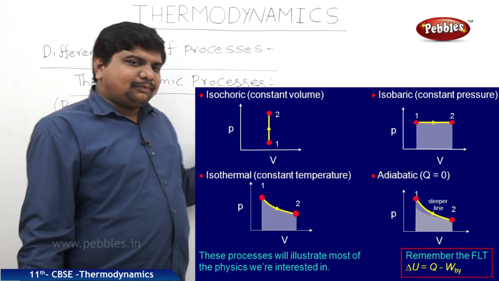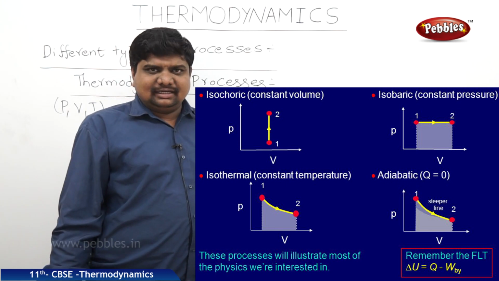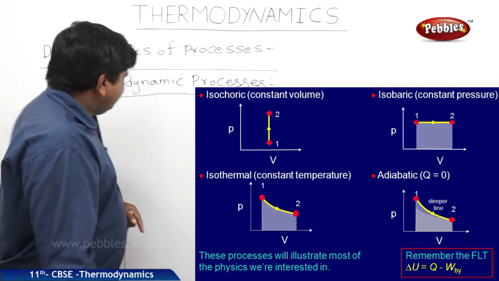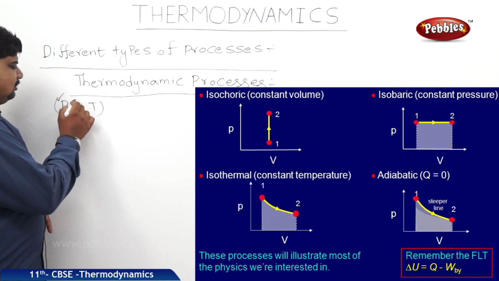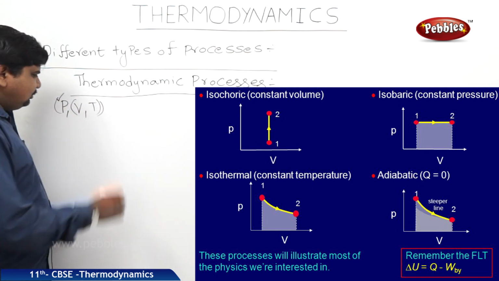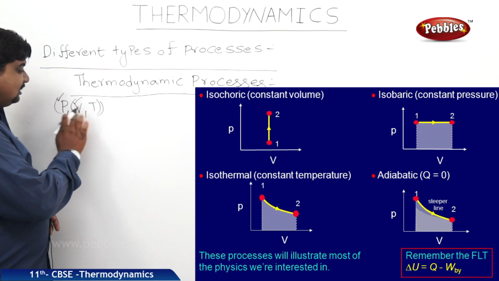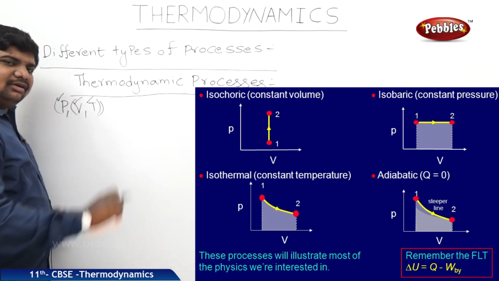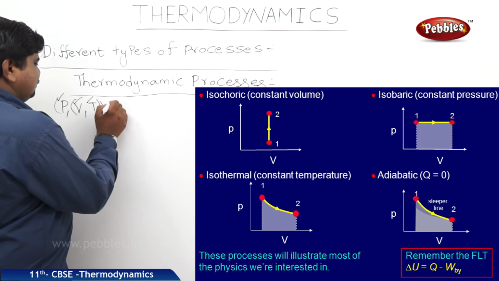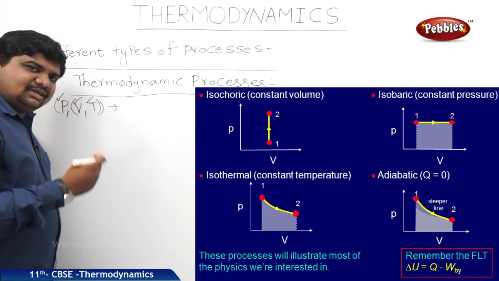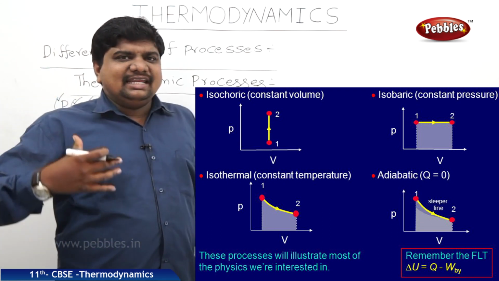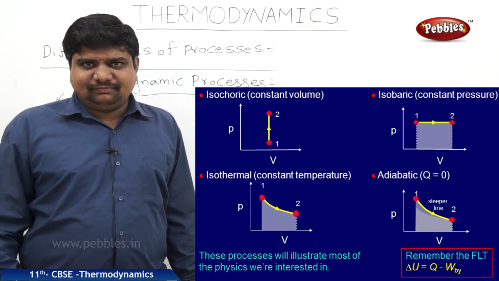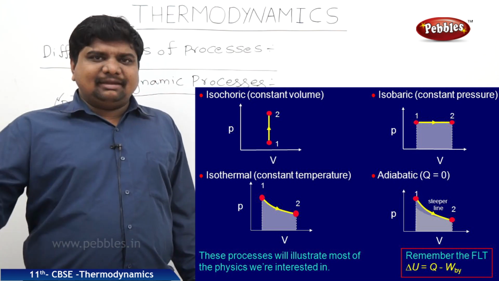These thermodynamic processes can be done in different situations: maybe pressure is constant and volume and temperature are variable, or volume is constant and pressure and temperature are variable, or temperature is constant and pressure and volume are variable, or pressure, volume and temperature may be in equilibrium at every given regular time interval.